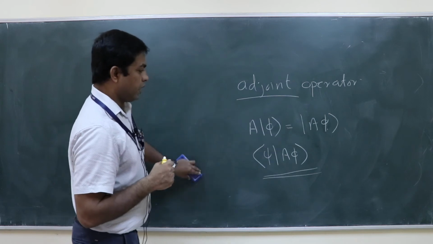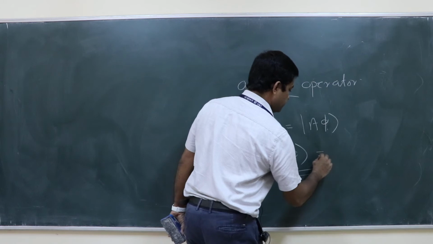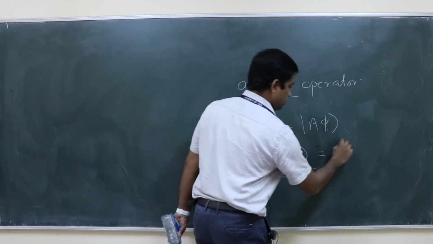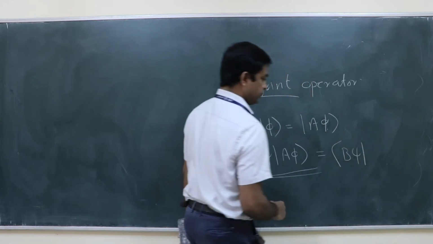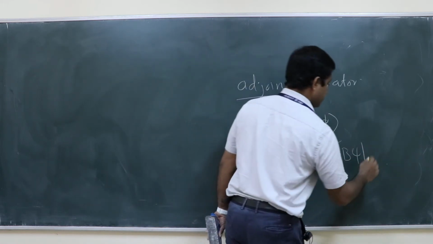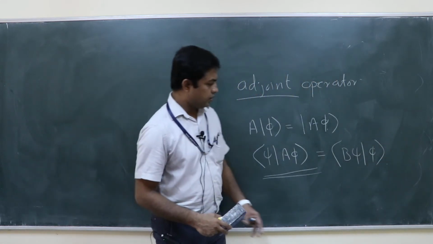Now suppose you can identify this as equal to B psi with phi.